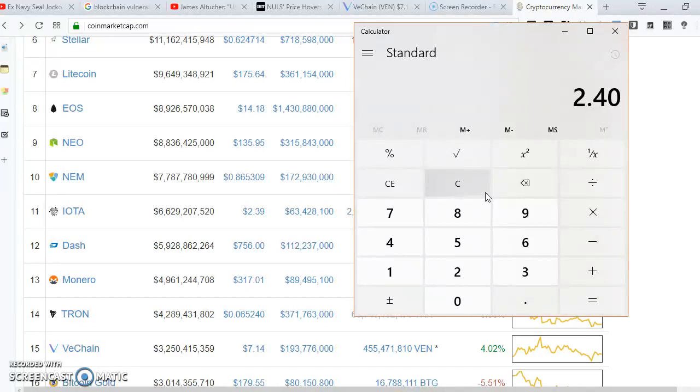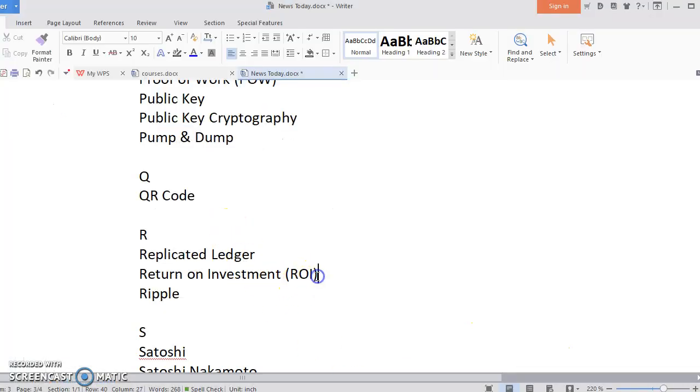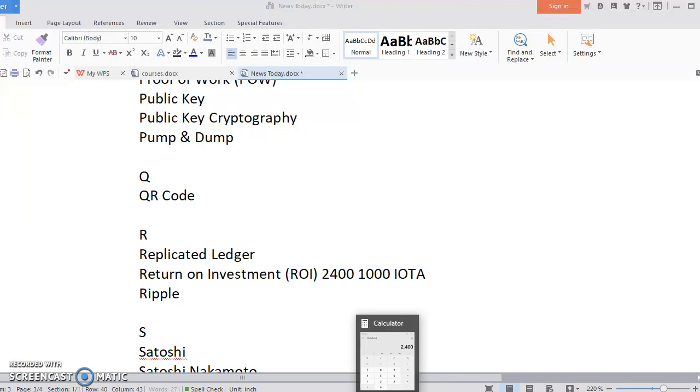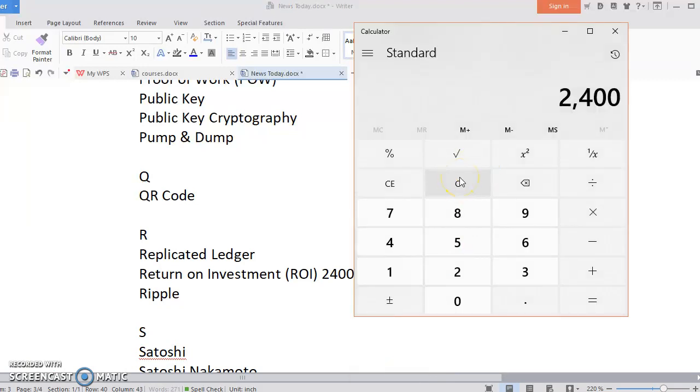So how many did we buy at this amount in January? Okay, we bought 1,000. So we spent 2,400 to get 1,000 IOTA.